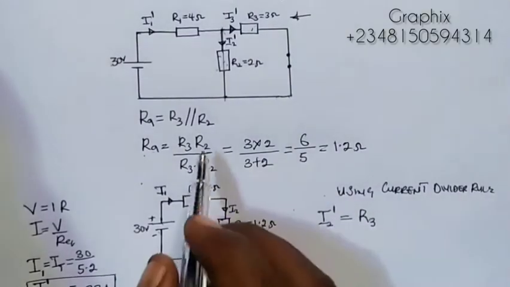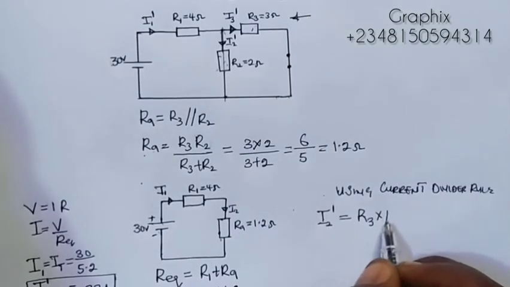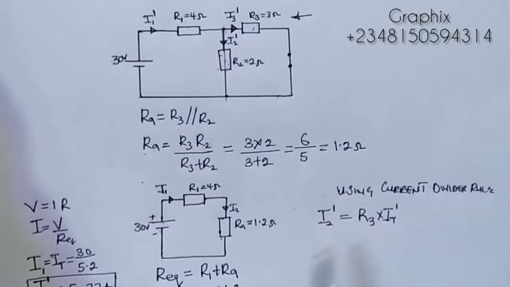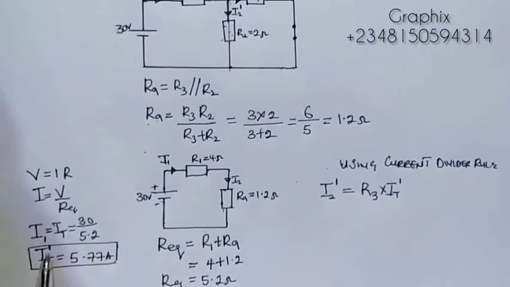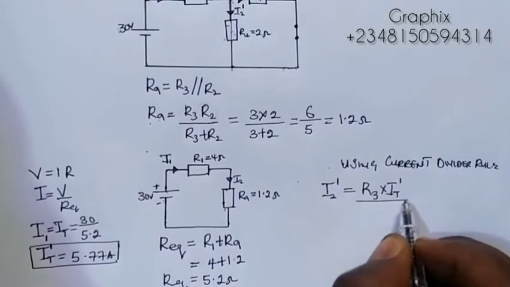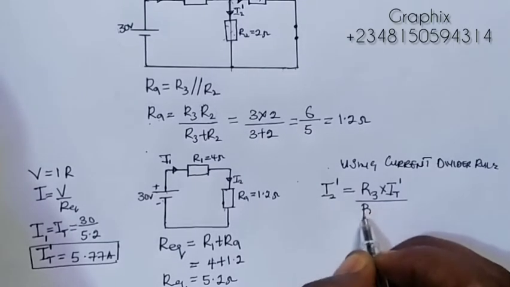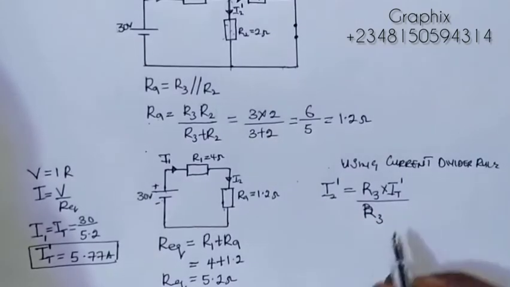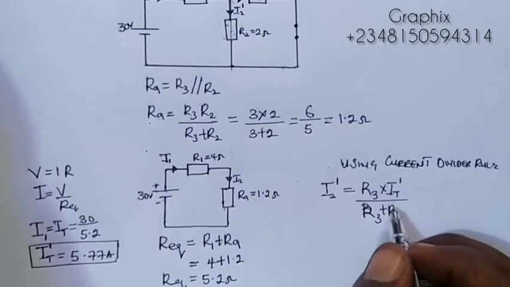The R2 that is passing through, you remove it and replace it with I total prime. That is the I total here. And everything is all divided by R3 plus R2, which is what we're having here.